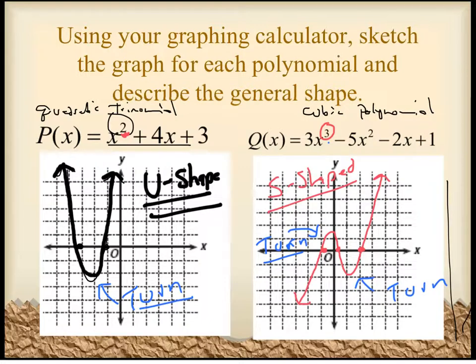Those are some special situations, but the idea is the general shape. We get a U-shape with the square, and an S-shape with the cubic. And notice the 2 is even, and the 3 is odd, and so that's also going to cause some general changes in our graphs. We're going to talk about that in future videos.